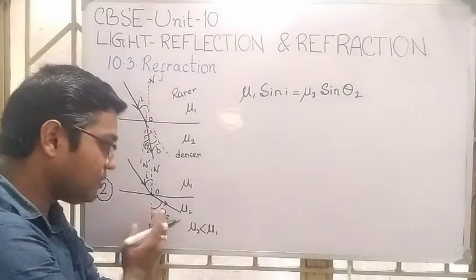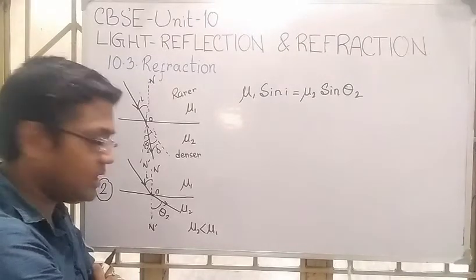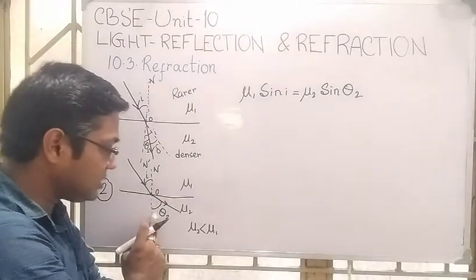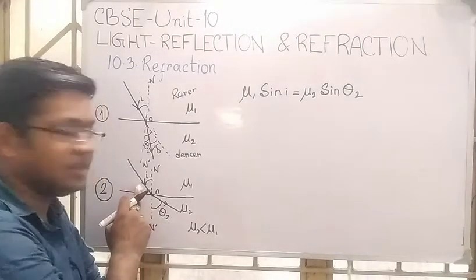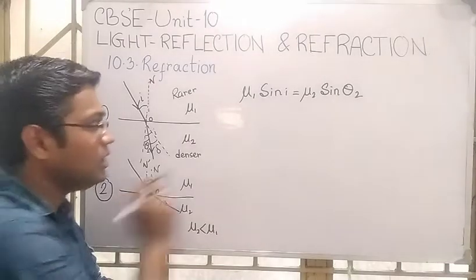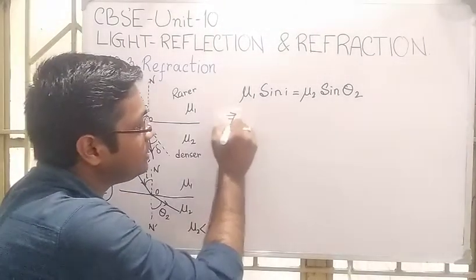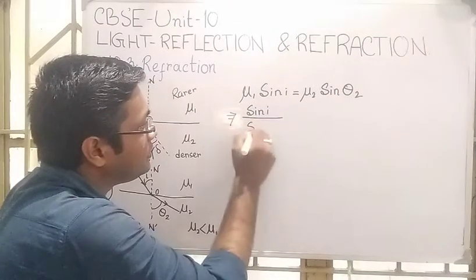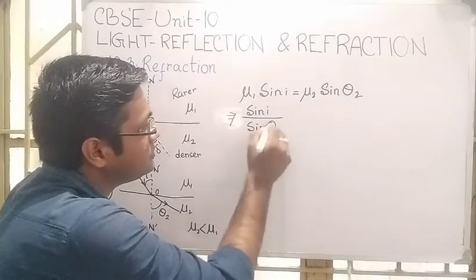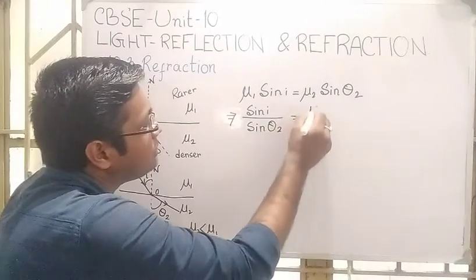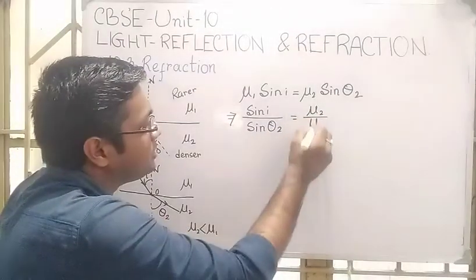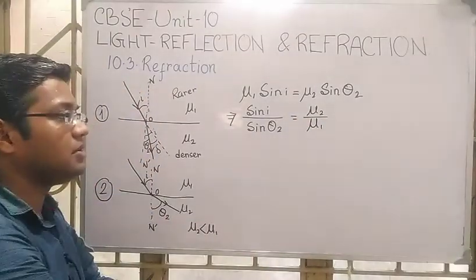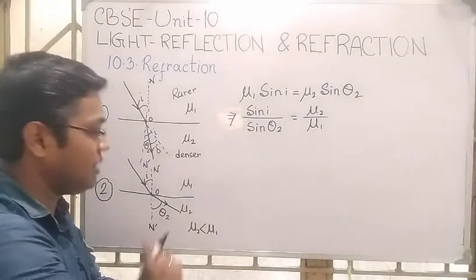Or from the diagram it is also observed that theta 2 is greater, i is less. Okay. So from here if I write down the relation, that is sin i divided by sin theta 2 equals mu2 divided by mu1.